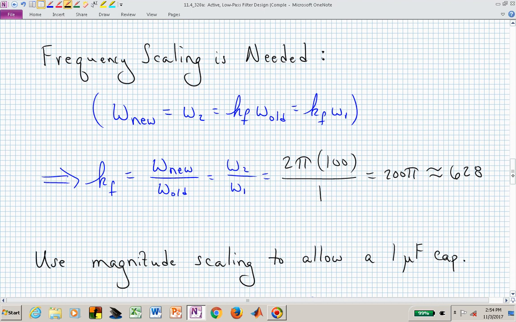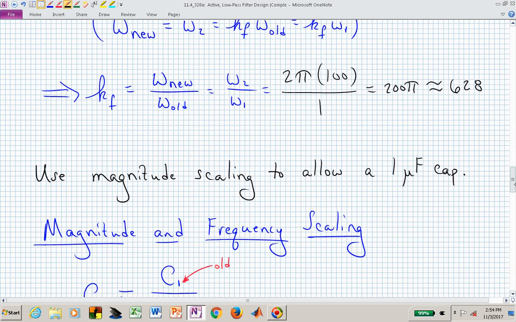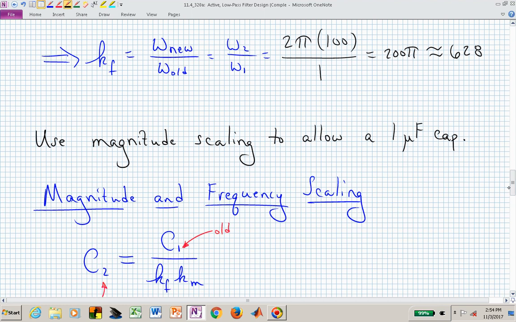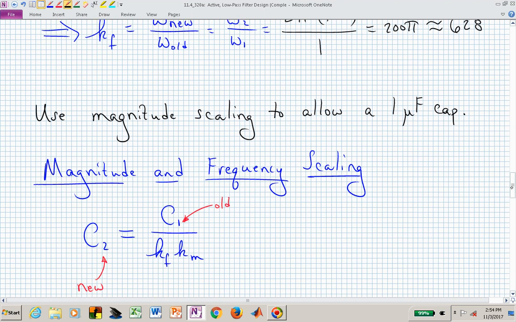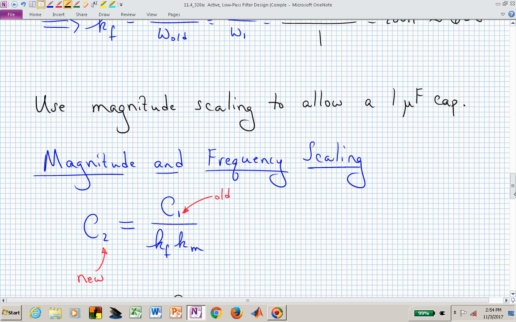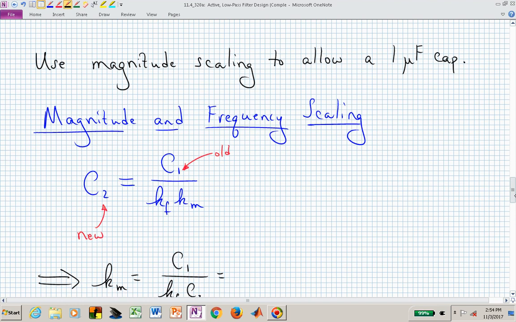We know K sub F. Well, if we use magnitude scaling, now we have one adjustable parameter, K sub M, in this relationship between old and new capacitor values. And we can then use this expression to solve for K sub M given the information that we have.